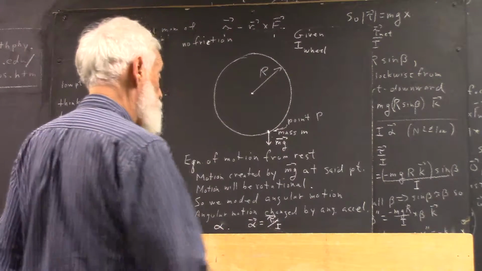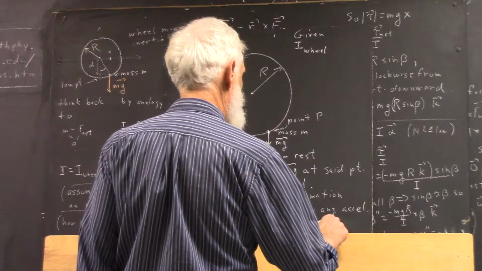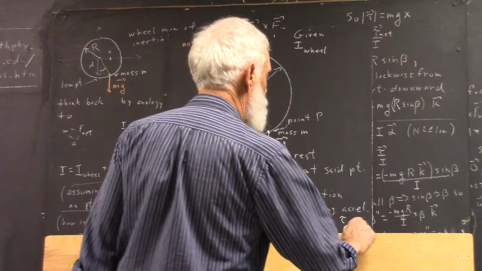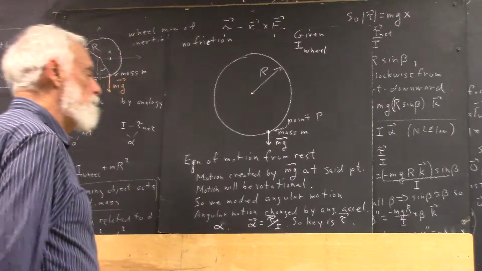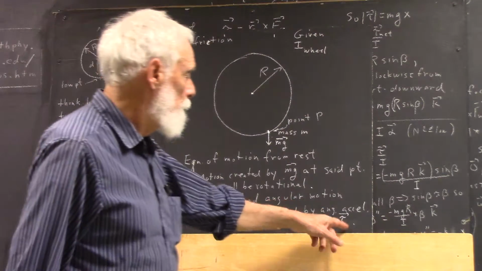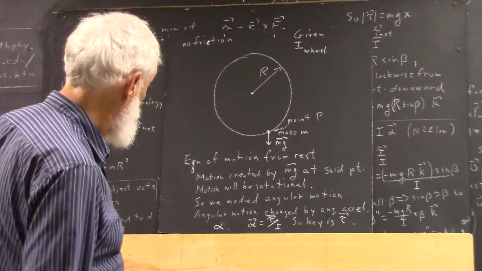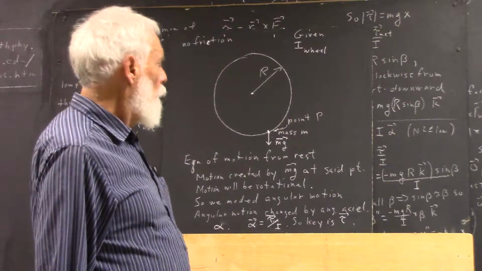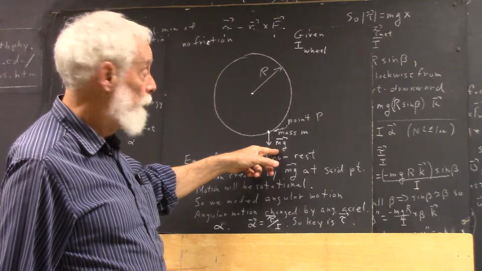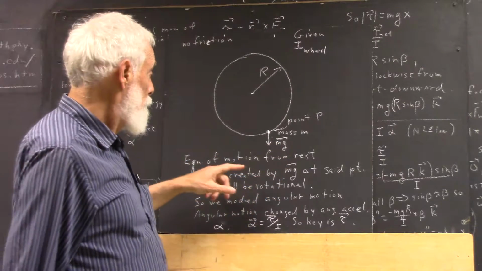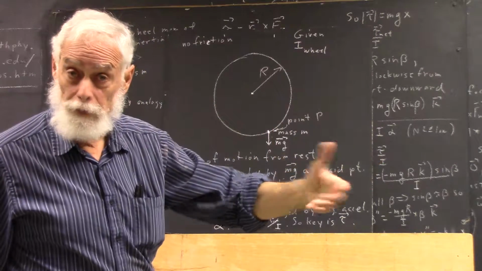So now the key is the torque. And the torque is a vector. Okay. What's the torque? How are we going to get the torque in this situation? Well, we know that this is the net force acting on the system, and depending on where that net force is applied, it's going to create a torque, isn't it?